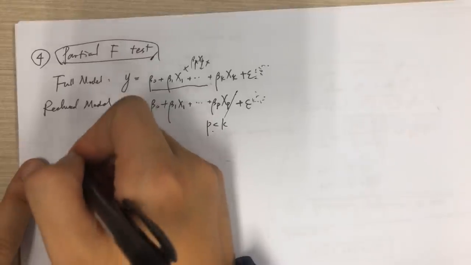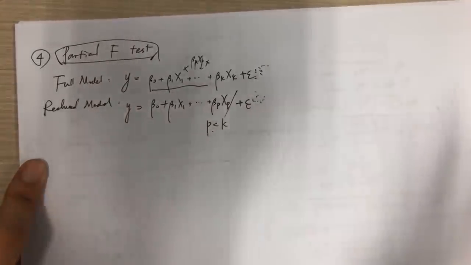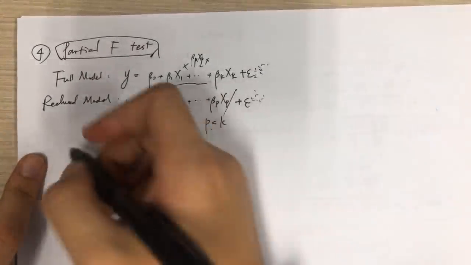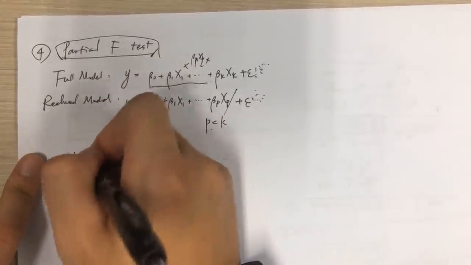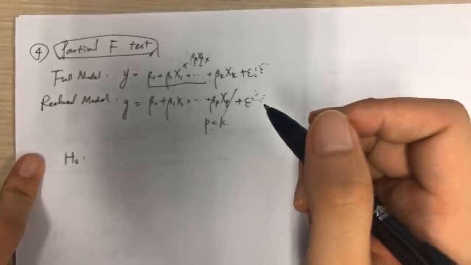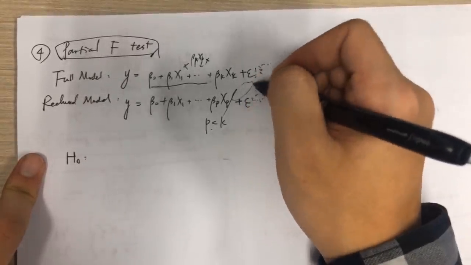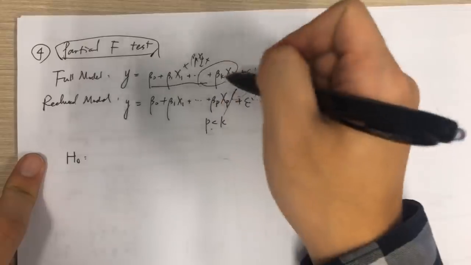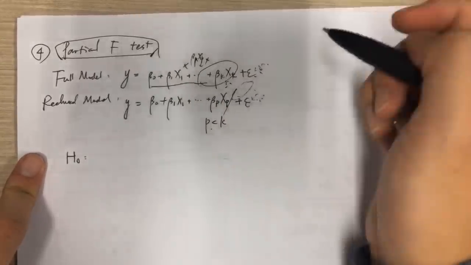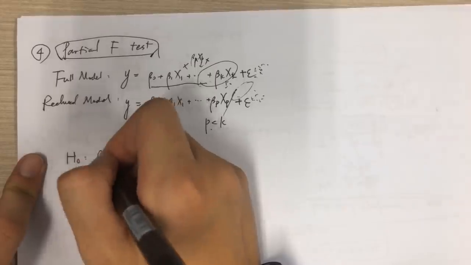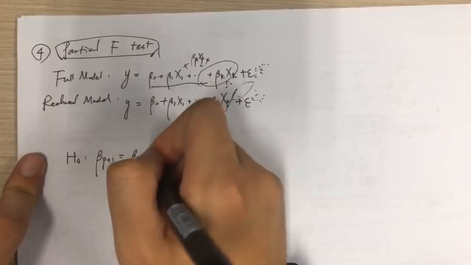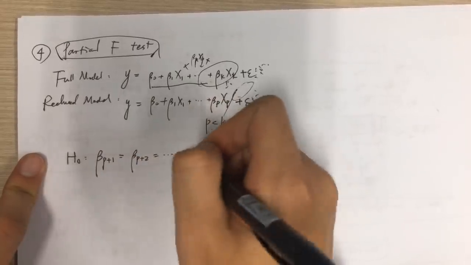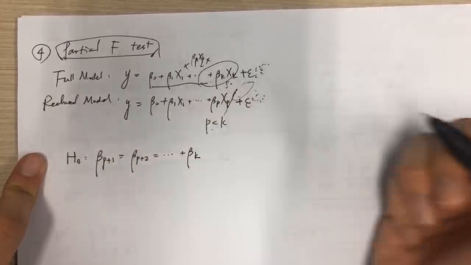Therefore, for the partial f-test, you need to be able to solve it starting from the null hypothesis and the alternative hypothesis. The null hypothesis is that all the independent variables that you removed from your full model have coefficients equal to 0. So it starts from beta p plus 1 equals beta p plus 2 equals up to beta k, okay?